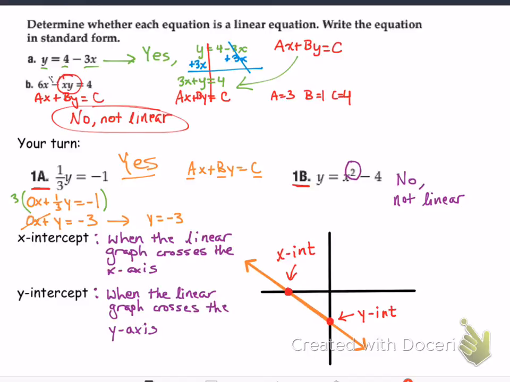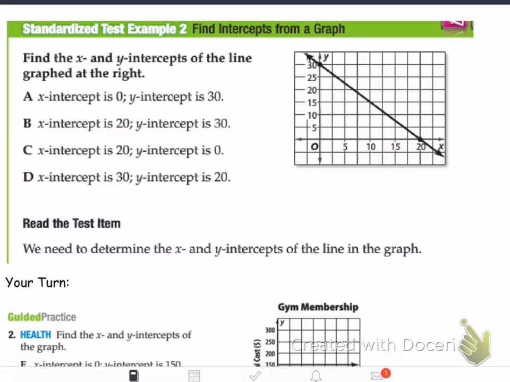Now, if you scroll down, we're just going to evaluate or interpret what some of these graphs are saying. So this is a multiple choice. It says, find the x and y intercepts of the line graphed at the right. Maybe with a pen or with an iPad pen, highlight where the y-intercept and x-intercept are and label them.